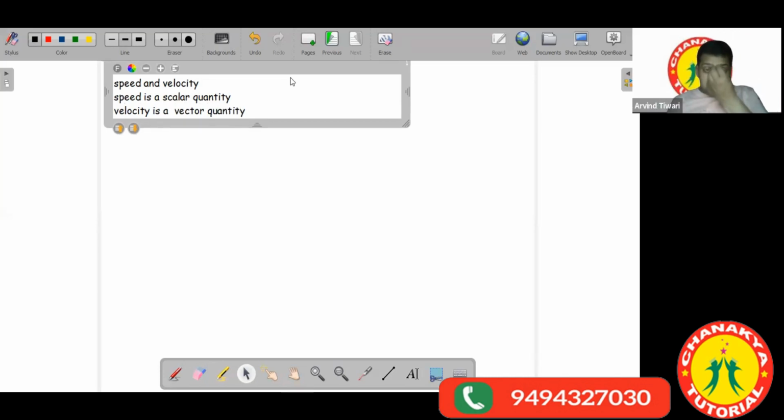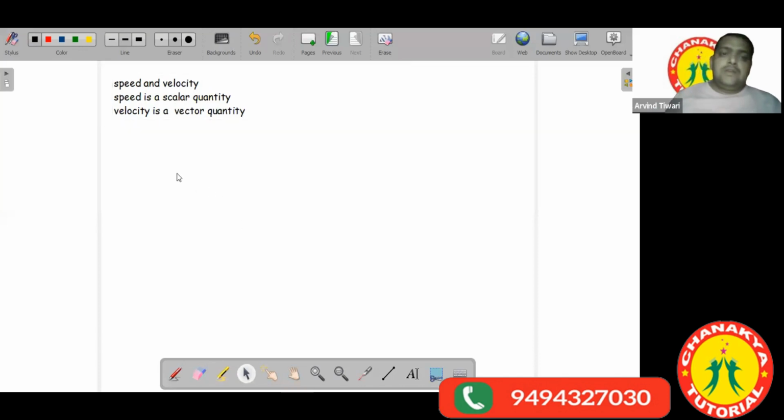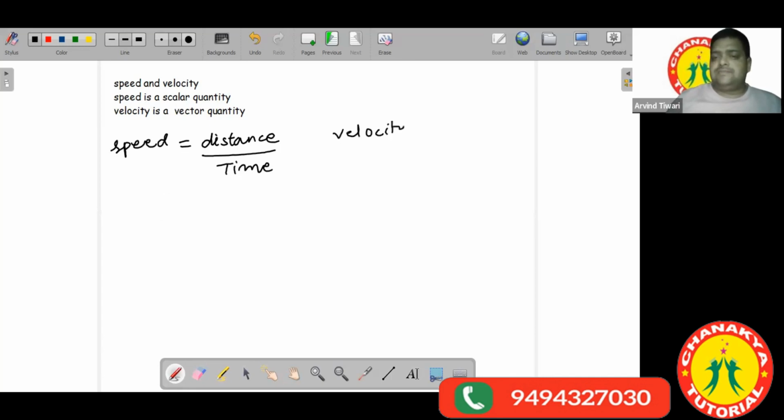So how are speed and velocity defined? See, speed is defined as the rate at which the object travels the distance. So we write speed as distance by time. The formula for speed is distance by time, but velocity is defined as displacement per unit time.